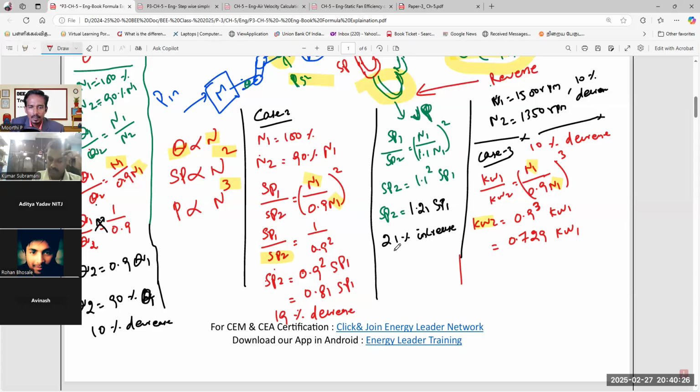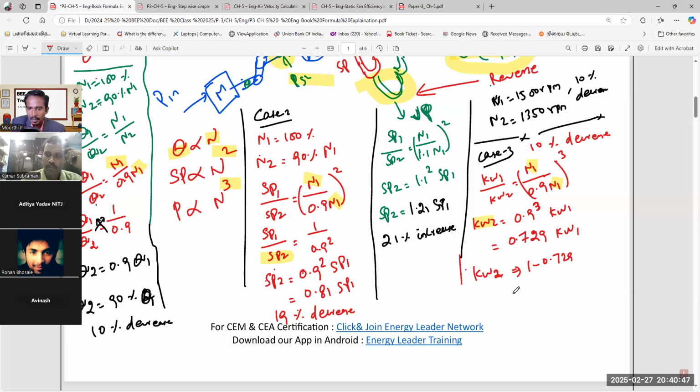Any idea? Kilowatt 2 is a decrease. How much percentage decrease? Simple: 1 minus 0.729.